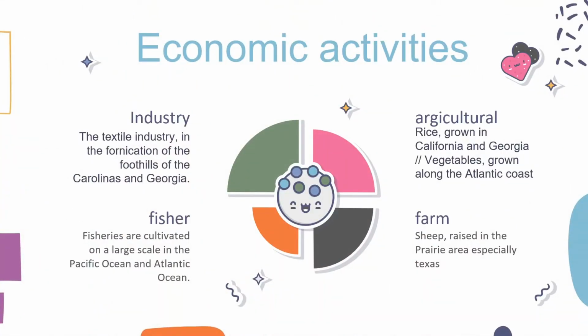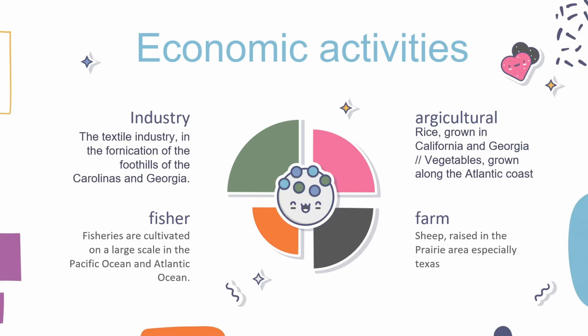United States economic activities. For agriculture, nearly 47% of the land in the United States is used for agricultural land. The types of agriculture include rice grown in California and Georgia, and vegetables grown along the Atlantic coast.